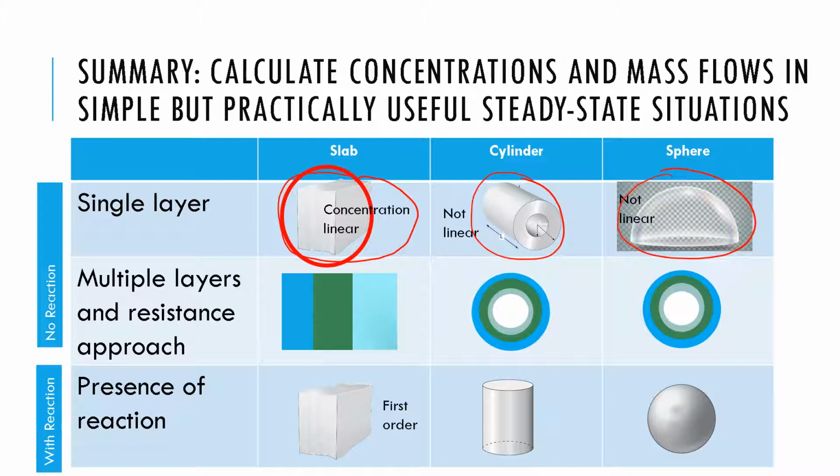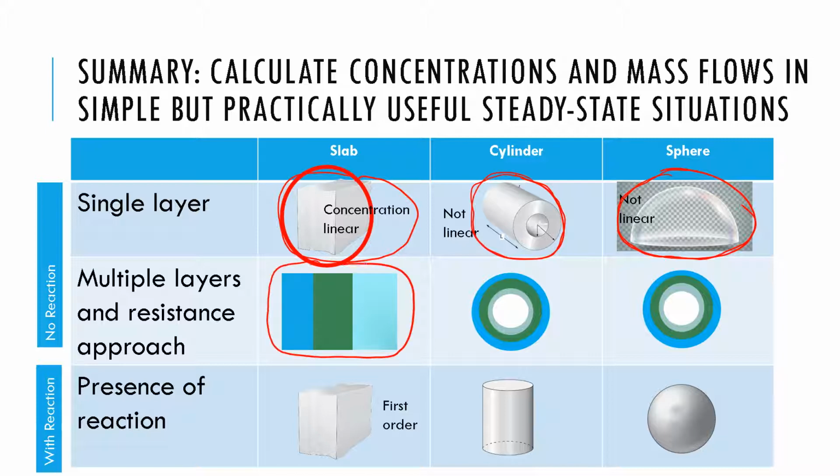Likewise, for concentration profiles, the same equations as we derived for a cylinder, for example, in heat transfer, can be used here, and the same for sphere. Then we did multiple layers.